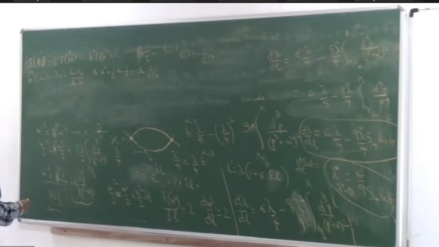So m prime square is this b square m square.